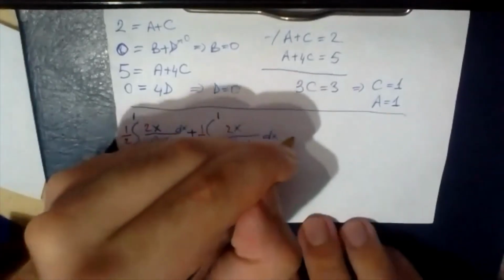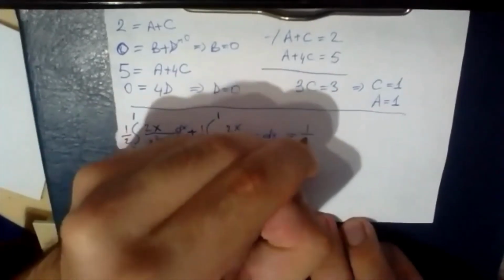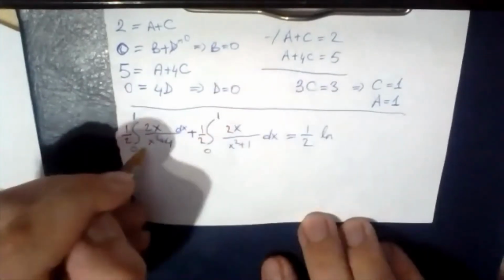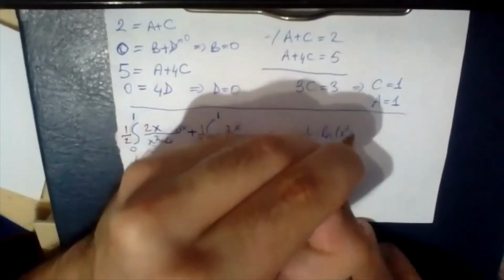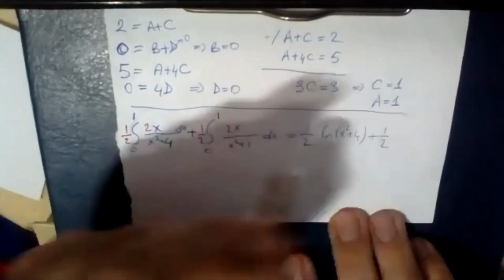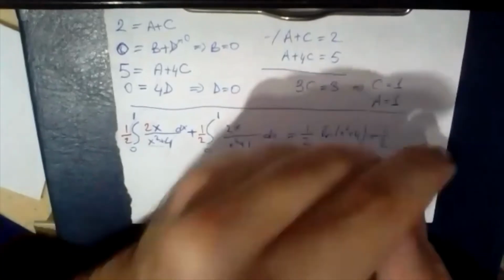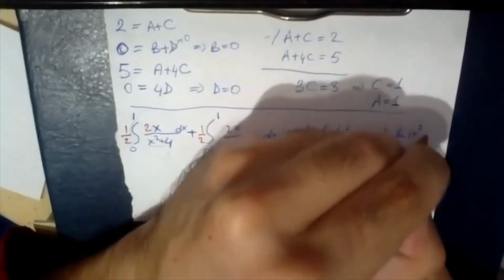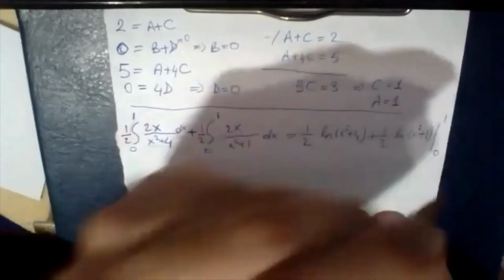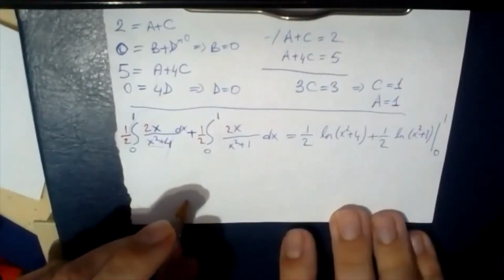So the first integral is 1 over 2 times the result of this integral, which is ln of the denominator, plus 1 over 2 times ln (x squared plus 1). And we are evaluating them between 0 and 1. What is that?